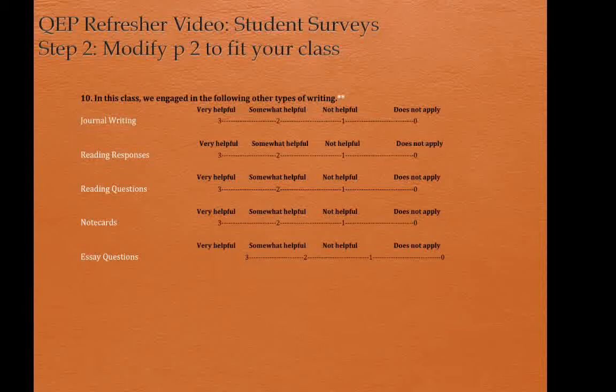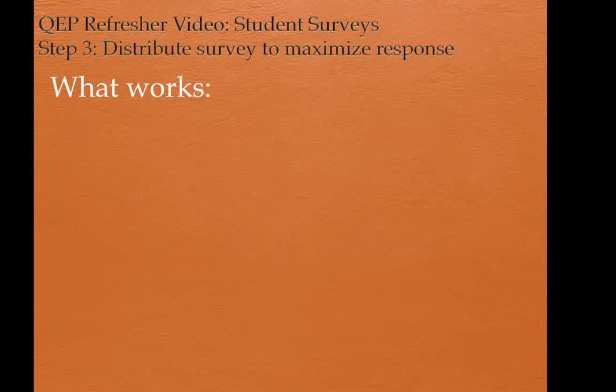A bunch of them will say does not apply. It just confuses the students. So really make this fit your class and use the terms that you use in your class. If you do journal writing, but you call it something else, take off journal writing and put what you call it. So once you have pages 1 and 2 modified, you pass it out to the students.